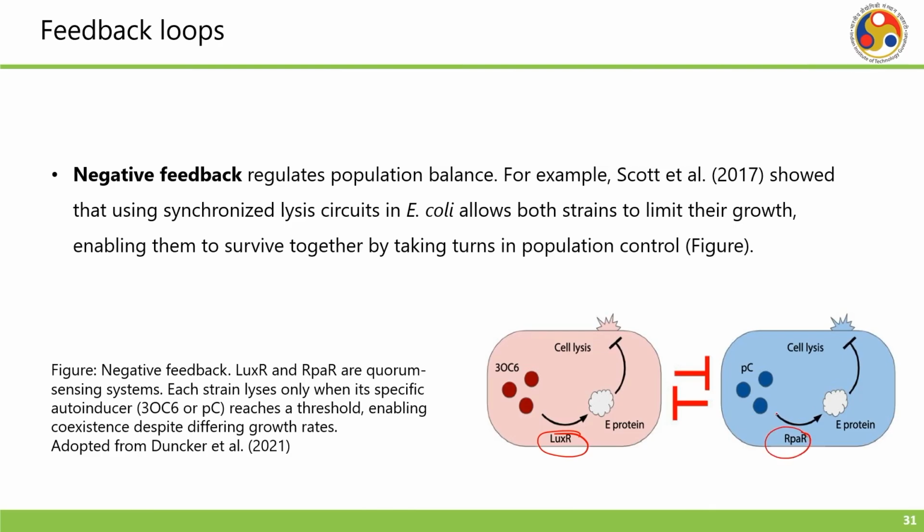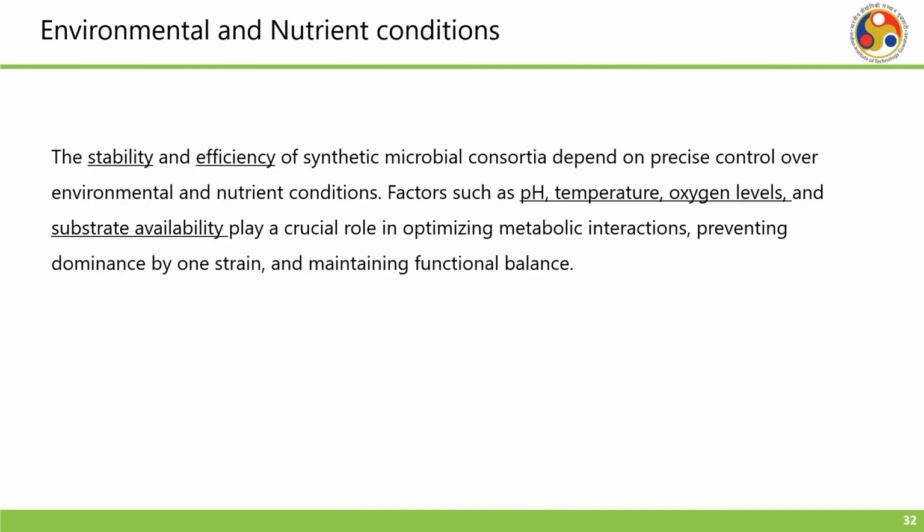Each strain lyses only when its specific autoinducer, 3OC6 or pC, reaches a threshold, enabling coexistence despite differing growth rates, and this figure we have adopted from the work of Dunker et al.